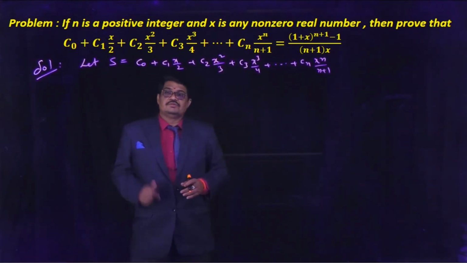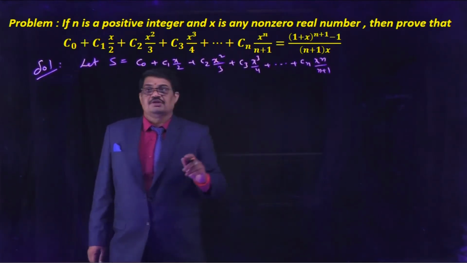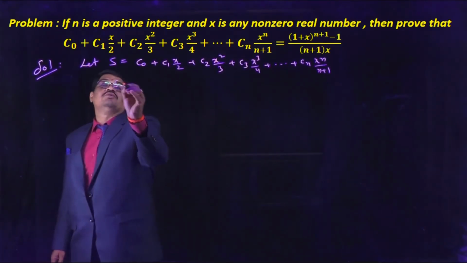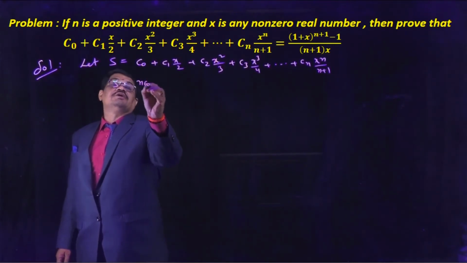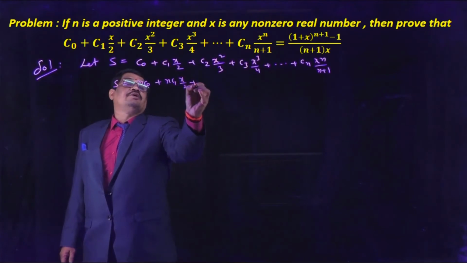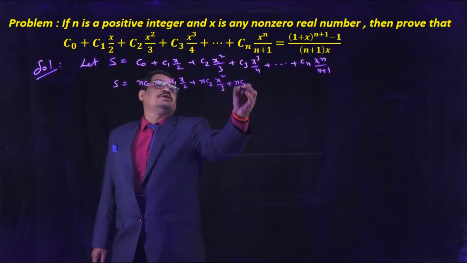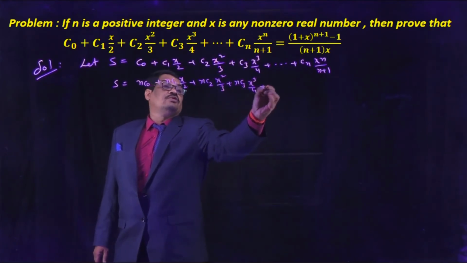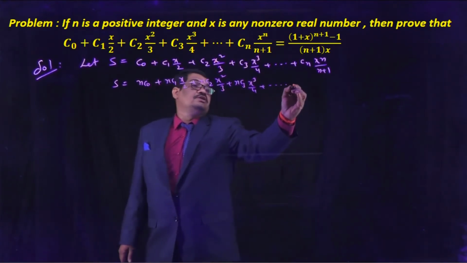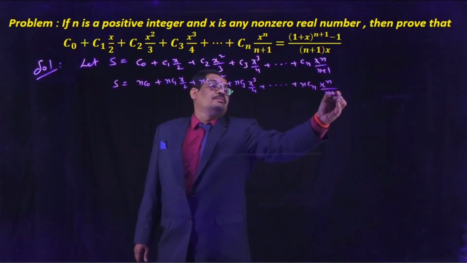Now we are writing C0, C1, C2 as nC0, nC1 and so on. So C0 is nC0, here nC1 into x by 2, here nC2 into x square by 3, nC3 into x cube by 4 and so on, and Cn is nCn into x to the power of n by n plus 1.